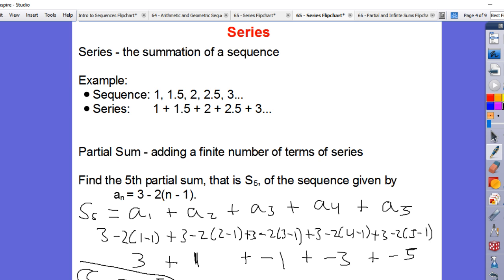We also, if you want a formula to find the partial sum of an arithmetic series, so for an arithmetic series, we have an arithmetic series and a geometric series.